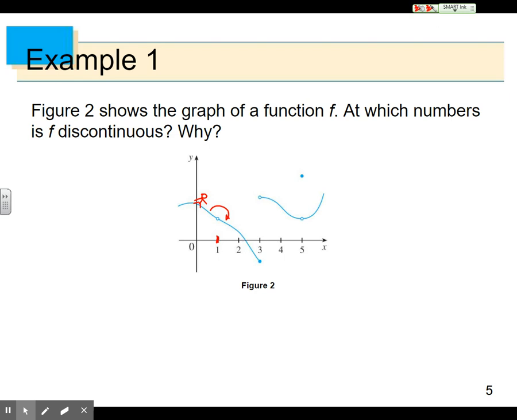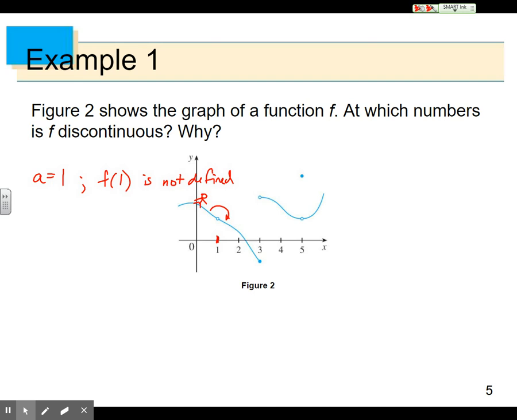So, our very first discontinuity is going to be at this 1 number, at a equals 1. Okay, and the reason is because there's a break right there. Using my reasons from the last slide, f of 1 is not defined.